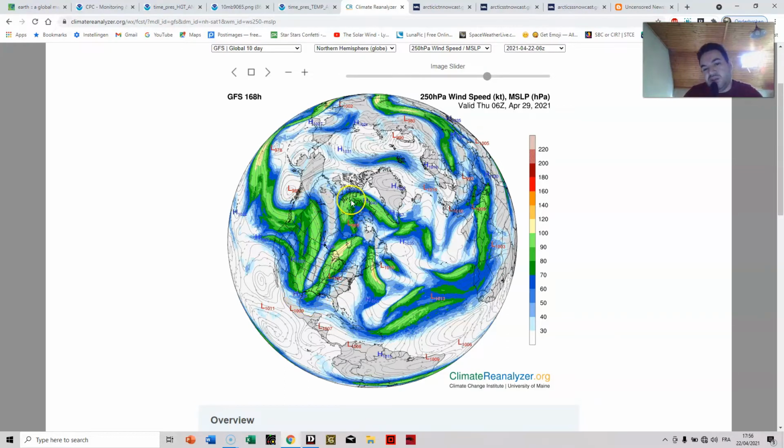For example, here it starts here and goes way down to Africa. Literally, the jet stream travels from above, almost Greenland.